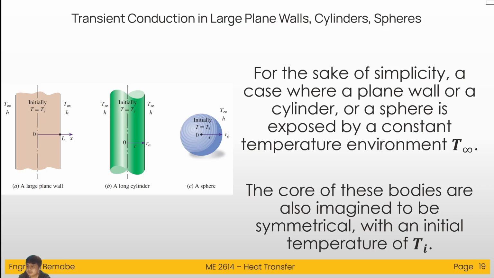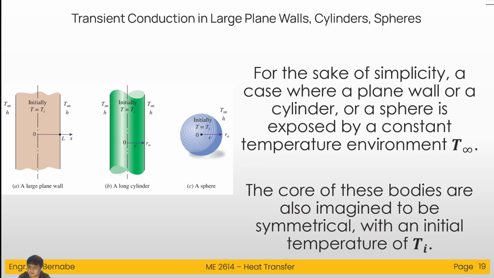And also the coordinate system that we will be using is that the origin of the x is in the center of the cross section of our body. So for a large plane wall, we have the center of the plane wall as our zero coordinate. As you can see, the thickness will be 2L, where L is 1/2 of this from the center. Same goes for the cylinder, we have the radius, and then for the sphere, you have another radius.